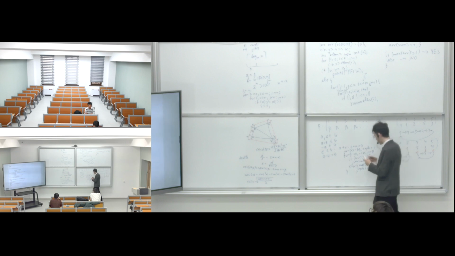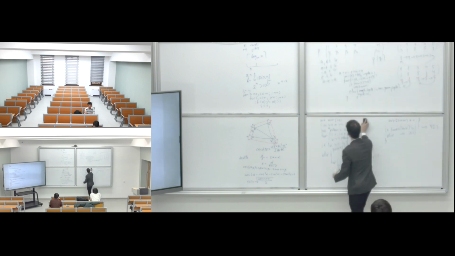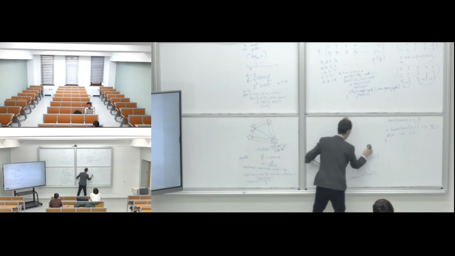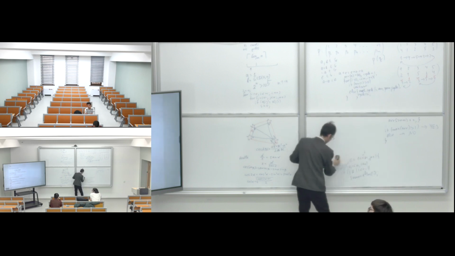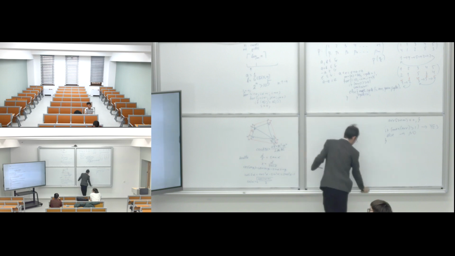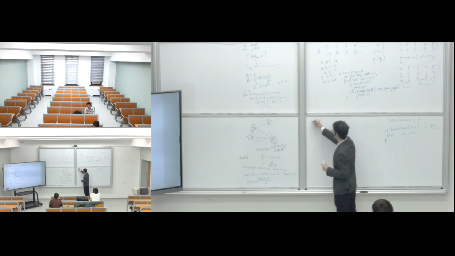So how do we write the whole mark cycle function? So firstly, void mark cycle. So we have some int position.